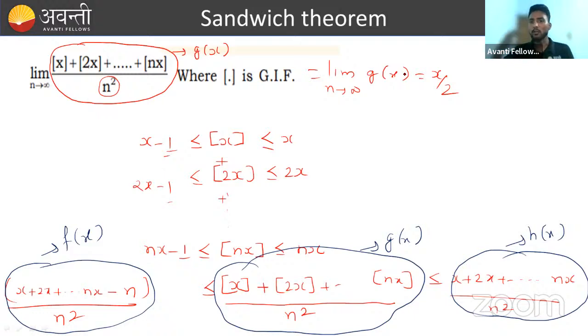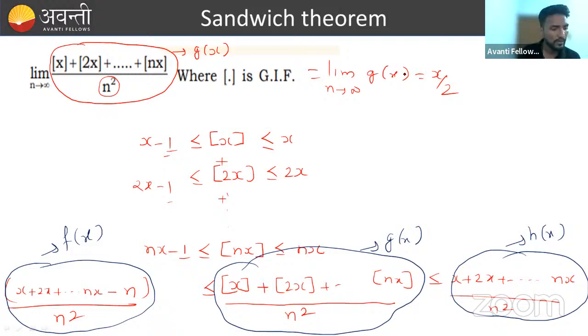And then whatever you are forming, hx and f of x, it will be very easy to find the limit. You can find the limit for that f of x or h of x very easily, and after getting the limit value of hx and f of x, that is definitely equal to the limit of g of x. So by this indirect way we can find the limit of g of x.